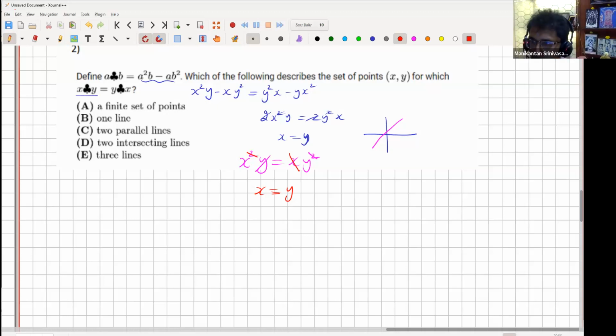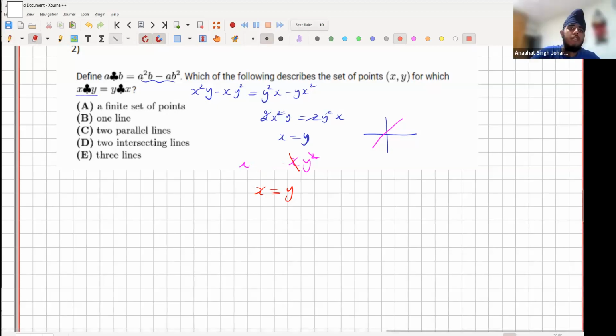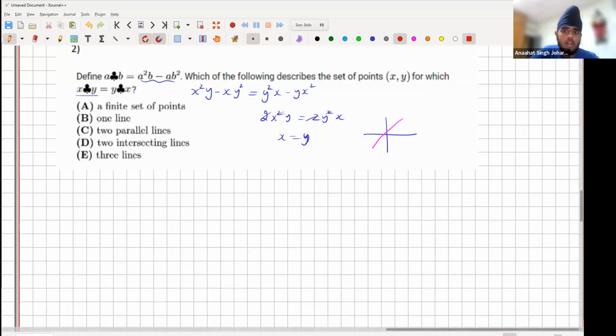But yes, there is a problem in cancelling. But what is the problem? What does cancelling mean, guys? Ananya, when I cancel x square y equal to xy square. So the dividing by 0 thing, I get how that could be a problem. But here, if either is equal to 0, then let's say xy is equal to 0. There also, it's not possible to get xy equal to 0 unless x is equal to 0 and y is equal to 0.